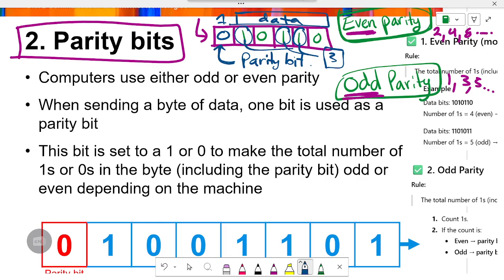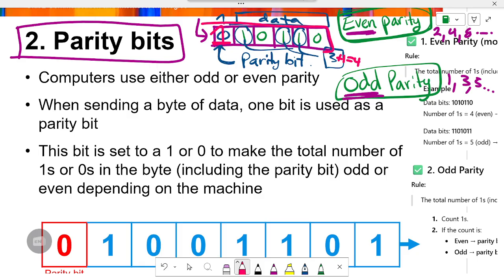Agree or disagree? And so an even parity means I have to have all the bits to be even numbered. And so therefore, I have to change this to 1. Because 3 is odd, but if I add one more, it's equal to 4, which is even.